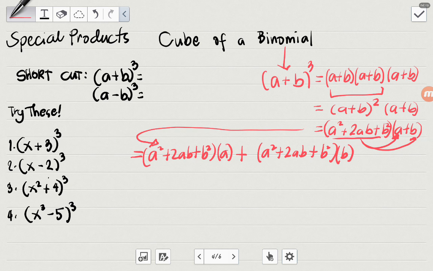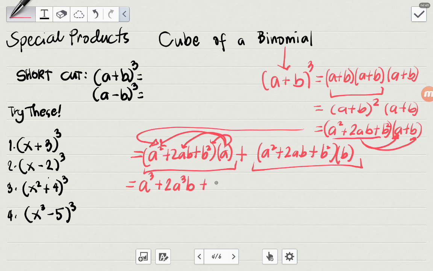And then again, you have to use distributive property for the first term and the second term. So let's again use distributive property. Let's multiply a by a square, a times 2ab, plus 2a cube b times b square. So that's a b square.